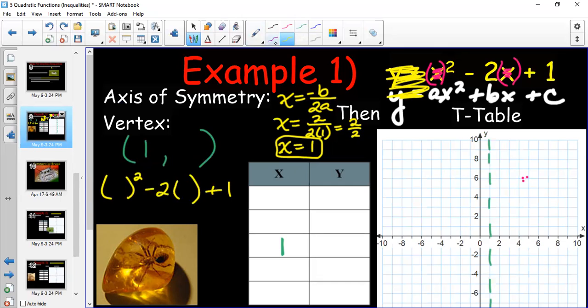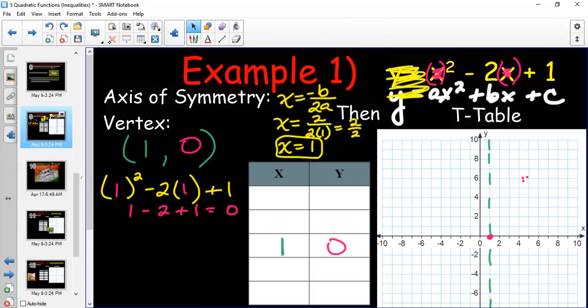If you have a graphing calculator, you can plug this straight in, and that helps a lot. Okay, so let's put in 1s for our x's. That would be 1 squared, which is 1, minus 2 times 1, which is 2, plus 1. 1 minus 2 is negative 1, plus 1 is 0. So 1, 0 is our vertex.